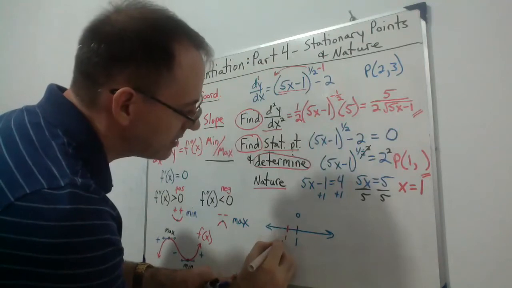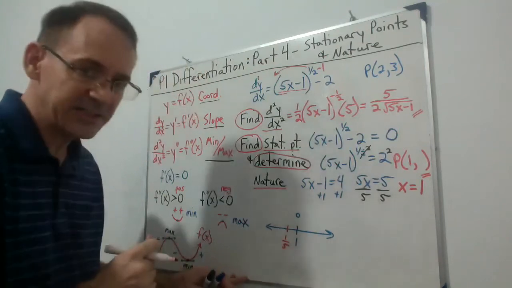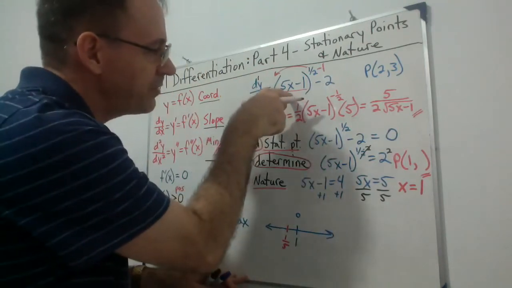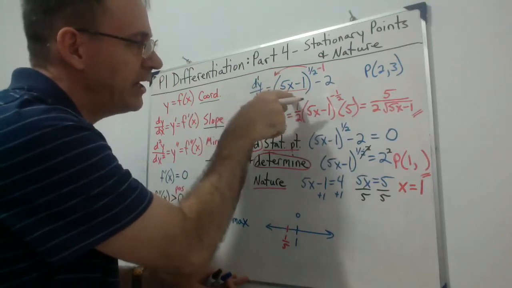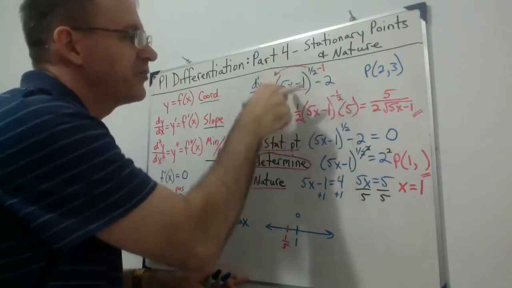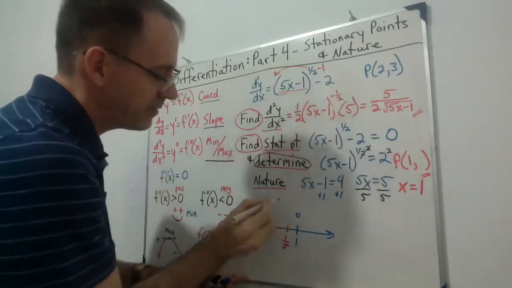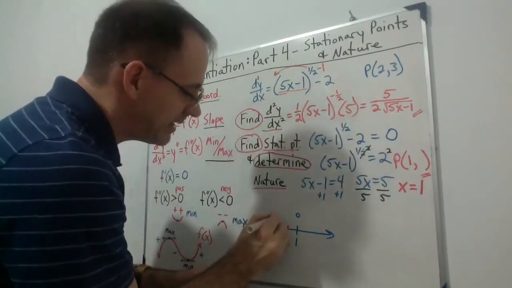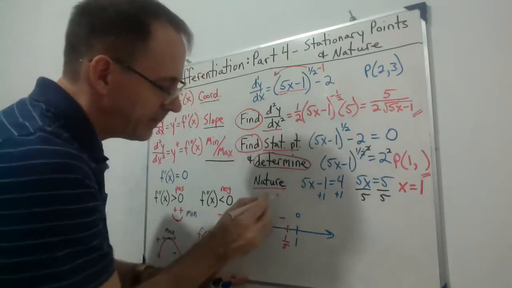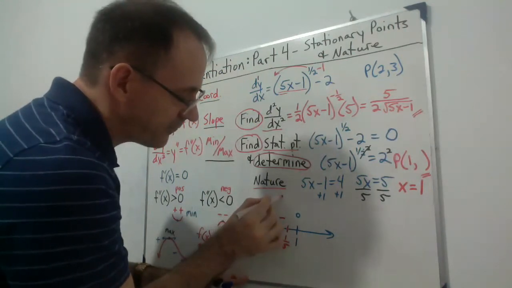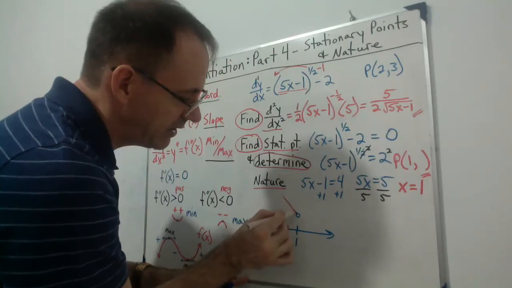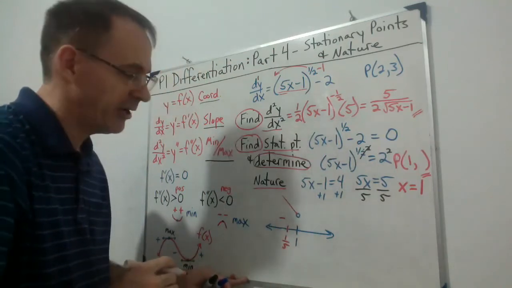So we could take 1/5, that's still less than 1. If you put 1/5 in here, 1/5 of 5 is 1, 1 minus 1 is 0, square root of 0 is still 0, and we end up with a -2. That means we have a negative slope, meaning our function is decreasing to that stationary point.